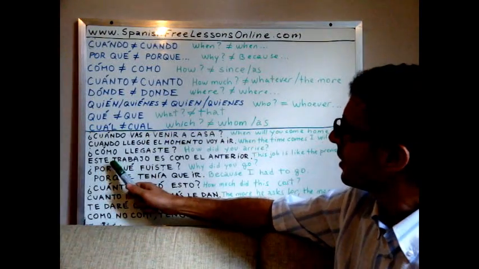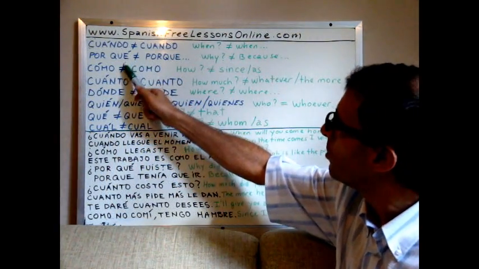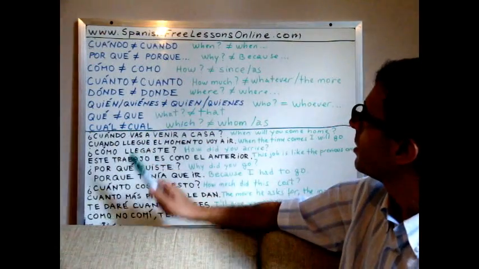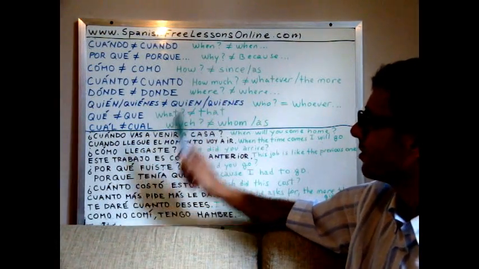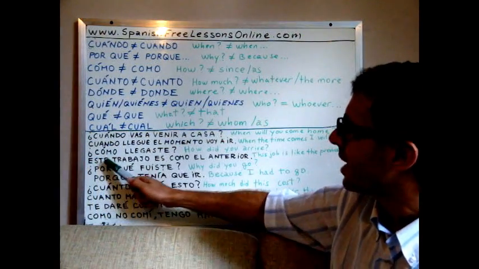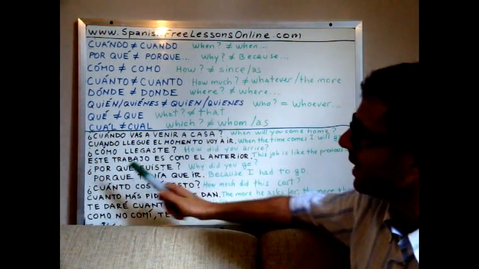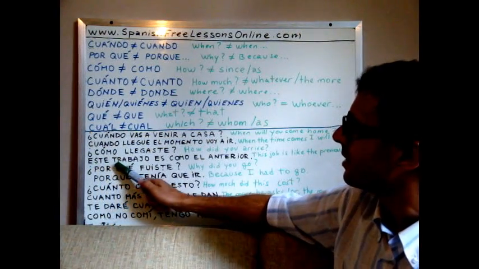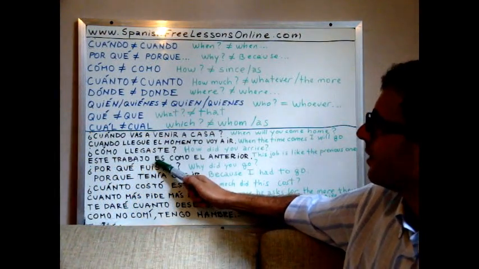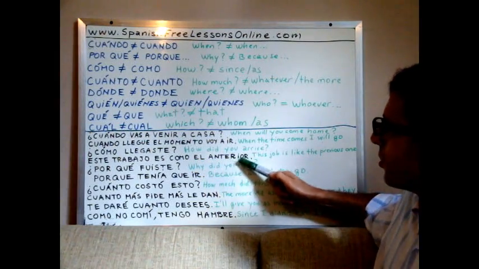The second, another way, the second como without the tilde means since or as, right? For example, here, este trabajo es como el anterior. Este trabajo es como el anterior.